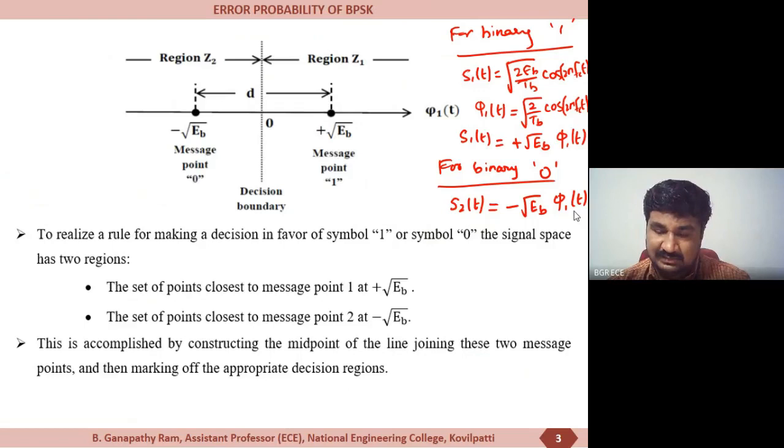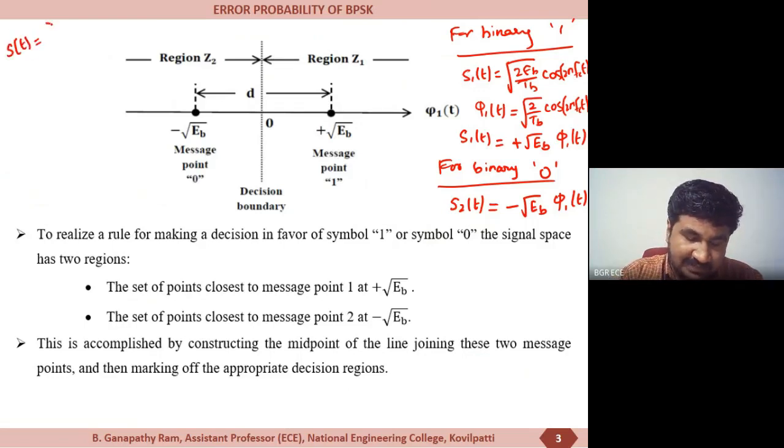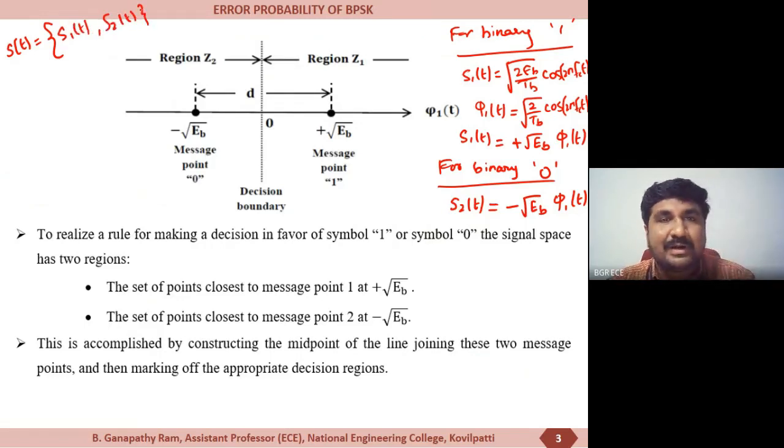And the transmitter has two symbols, S1 of t and S2 of t, and depending upon the incoming binary data from the binary sequence, we can determine that the transmitter is transmitting any one of these two symbols.